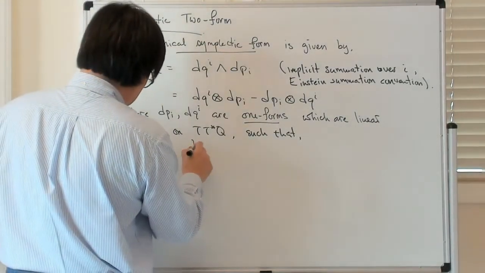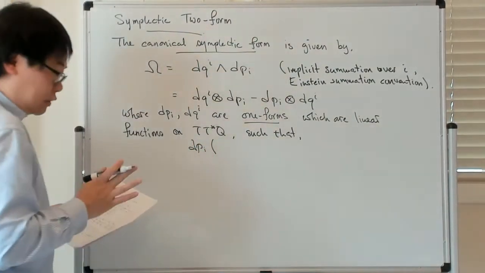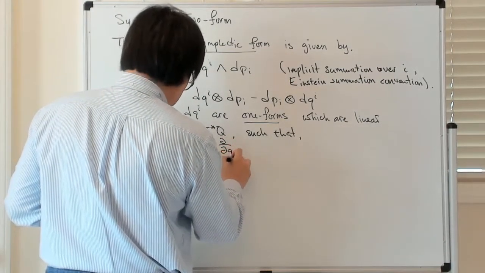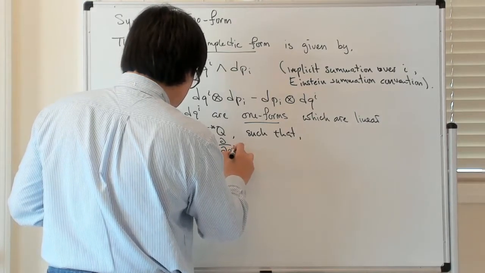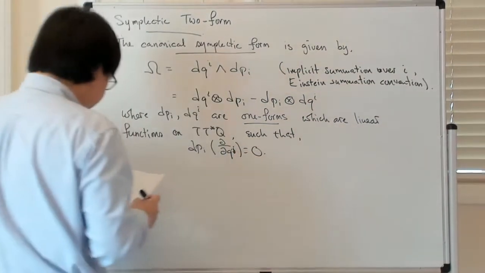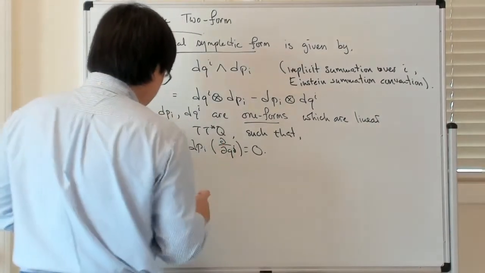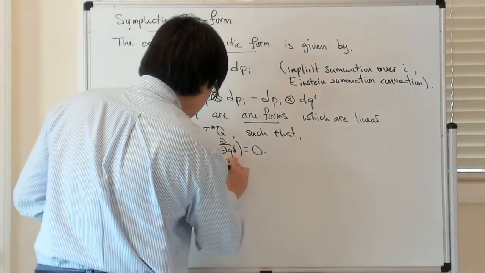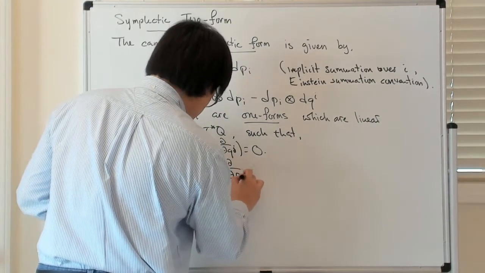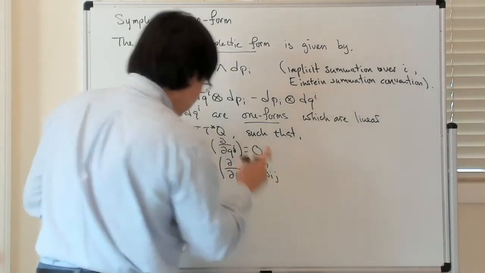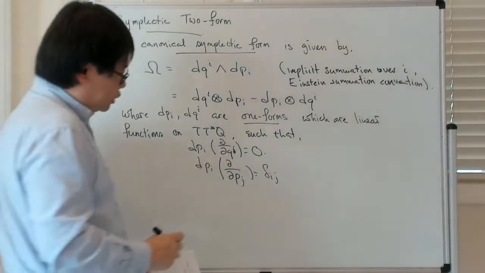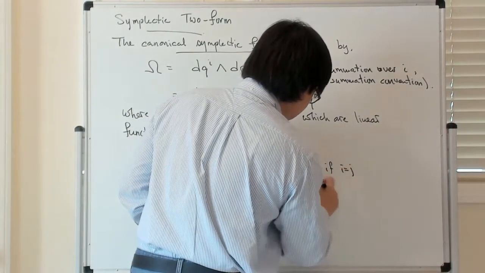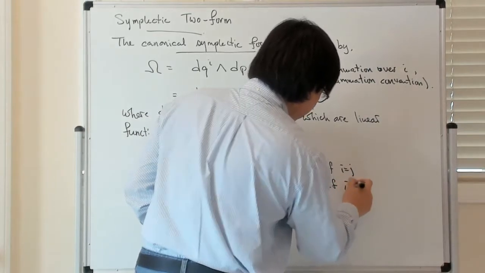If you take dp_i applied to a vector in the q_j direction, this is equal to 0. And if you have dp_i in the p_j direction, this is the canonical delta function, delta_ij, which basically means that it's 1 if i is equal to j, and 0 if i is not equal to j.